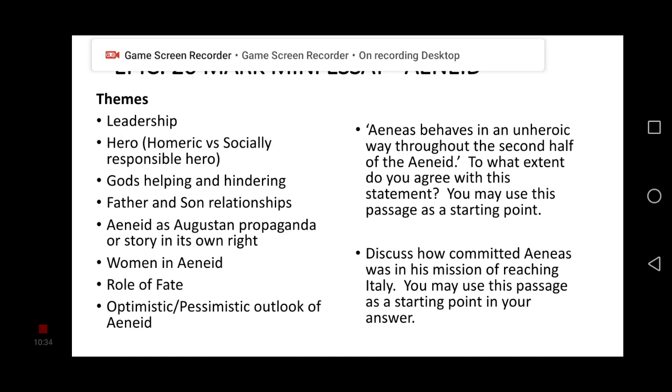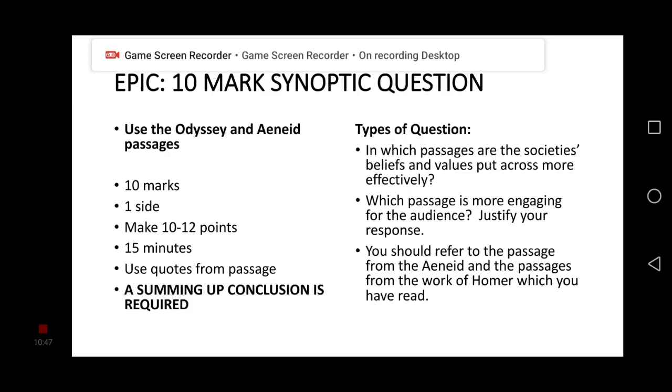I'm going to be doing a separate PowerPoint for this. So optimistic views versus the destiny of Rome versus pessimistic, all the warfare and loss and deaths that go with it. So the 10-mark synoptic question is quite tricky.